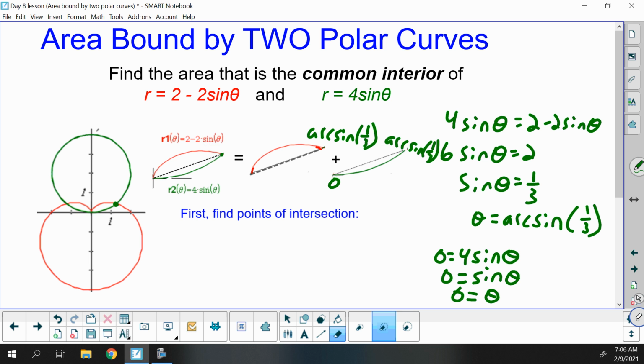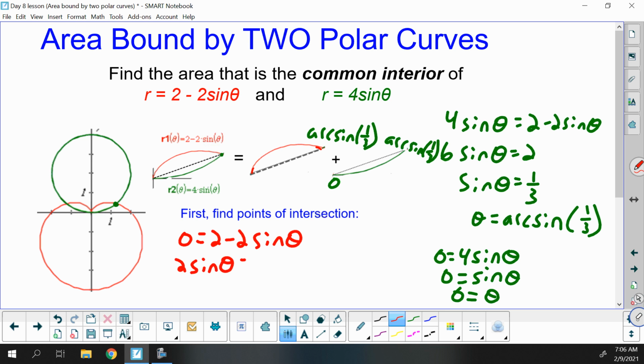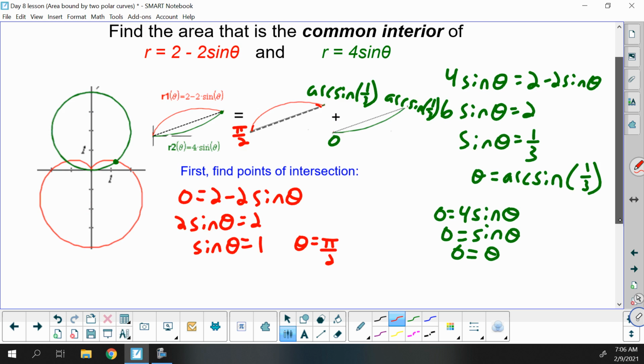For the red section, we've got to see when is it going to be at the pole. So if we do 0 equals 2 minus 2 sine theta, add your 2 sine theta over, divide by 2, and you get sine theta is 1. Well, sine is 1 when theta is pi over 2. So that means the red one, we're starting at arc sine of a third, and we're finishing at pi over 2.